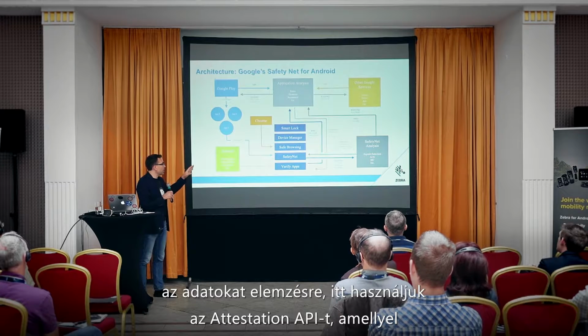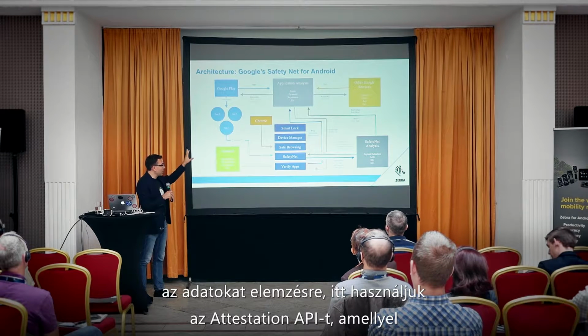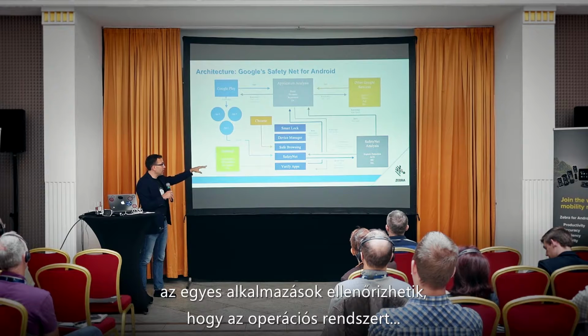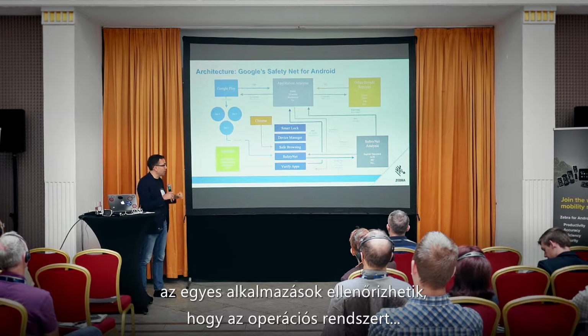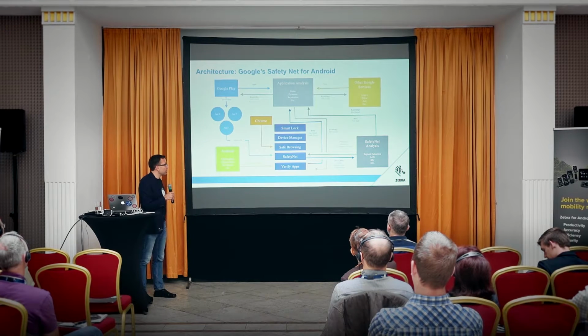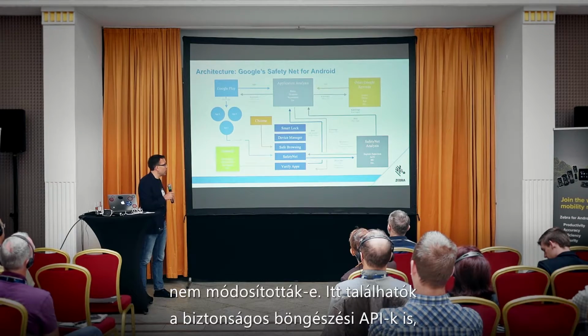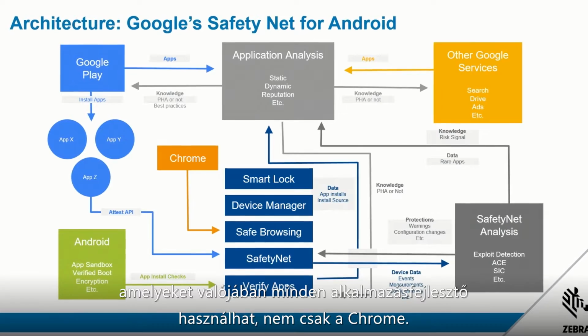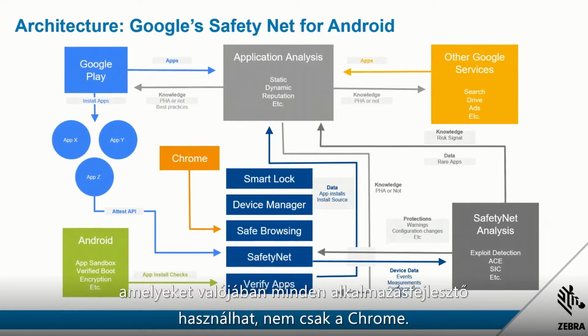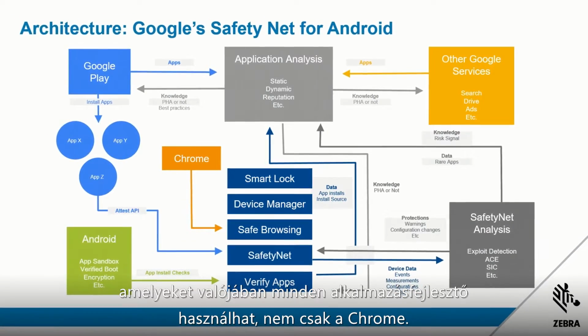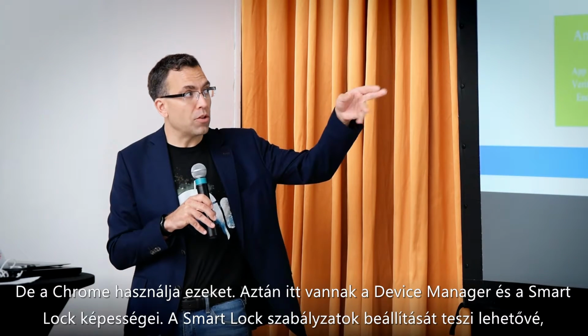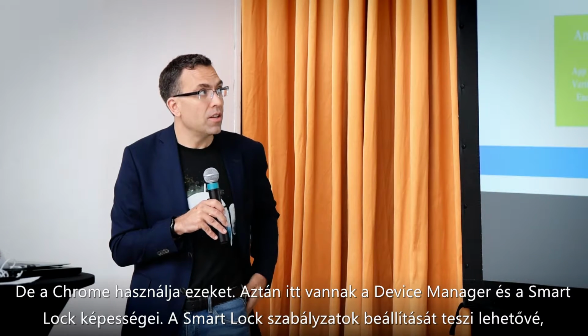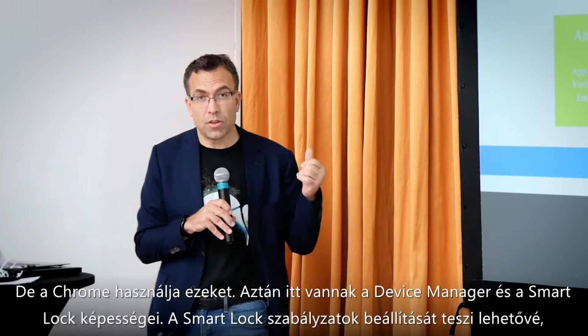We've got the attestation API itself that allows for individual applications to validate that the OS hasn't been modified. We've had the safe browsing APIs that are actually available for any app developer, not just Chrome, but Chrome uses those. We've got the capabilities of Device Manager, of Smart Lock.